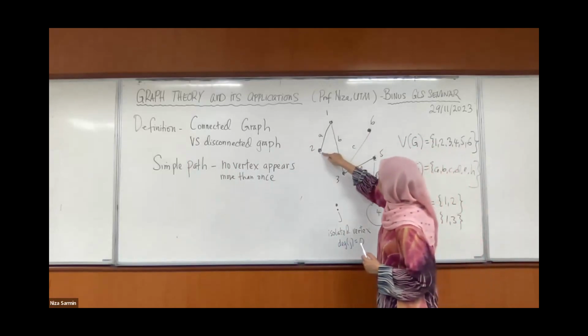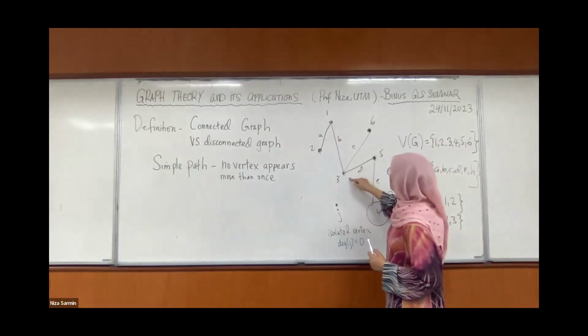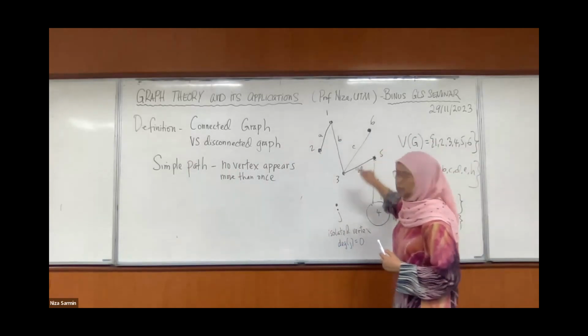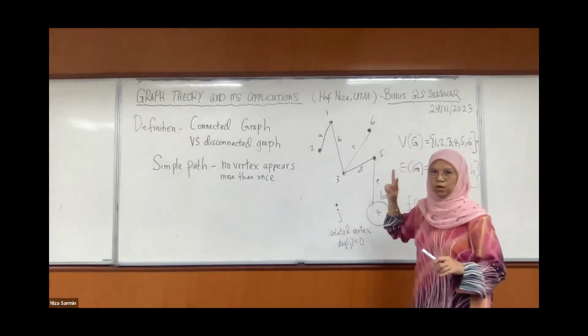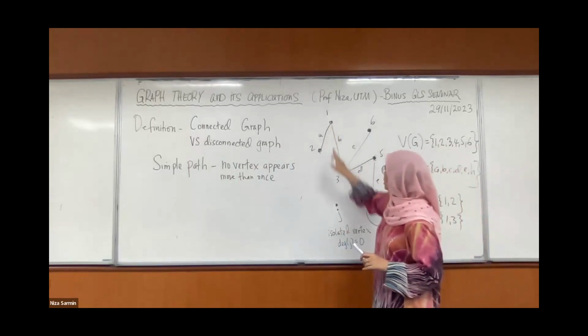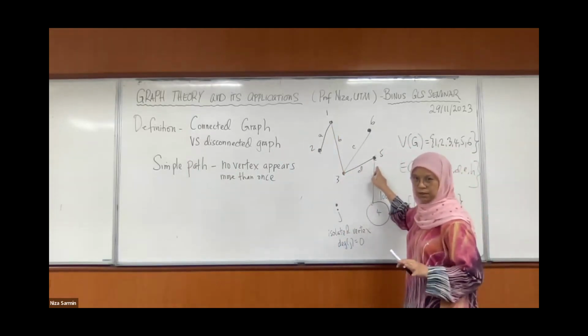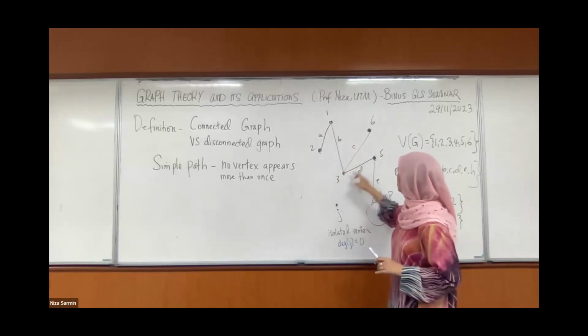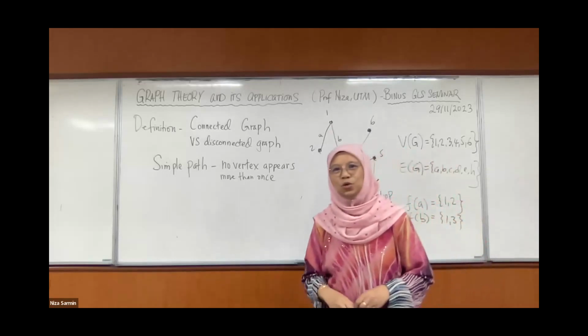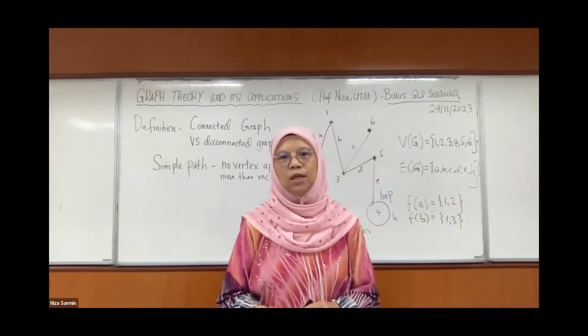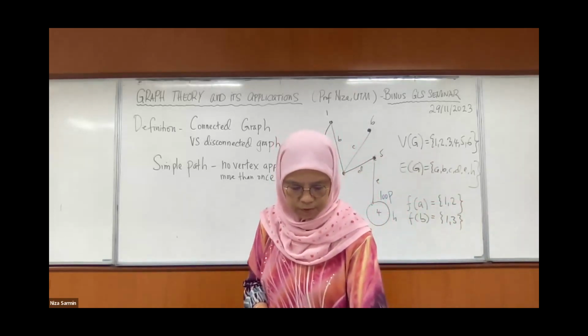But if you go 2, 1, 3, 6, 3 again, that's not simple, because there is a 3 twice. If you go 1, 3, 5, simple. 1, 3, 5, 3, not simple. So there is a difference between a simple path and a path that is not simple.